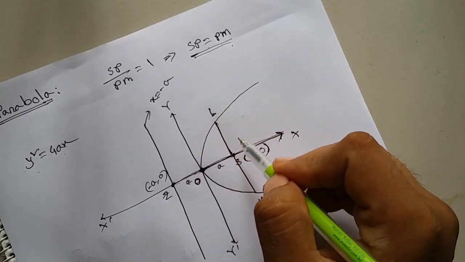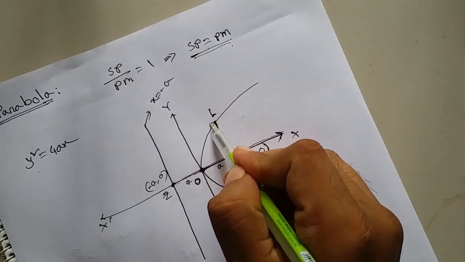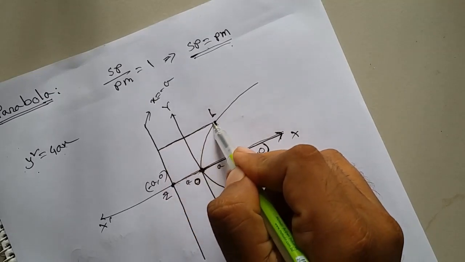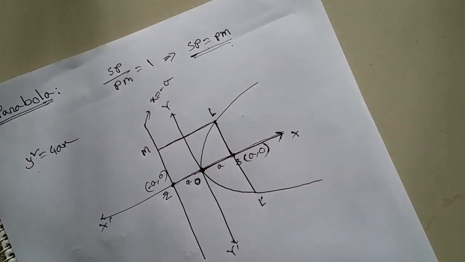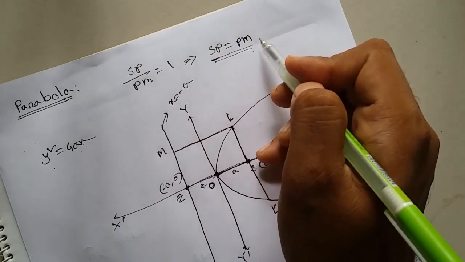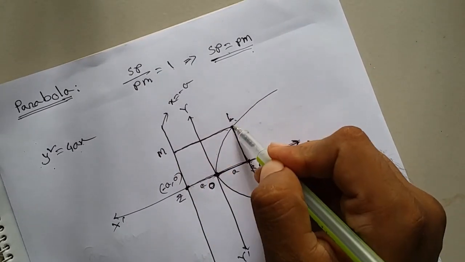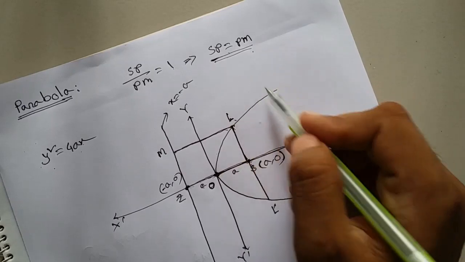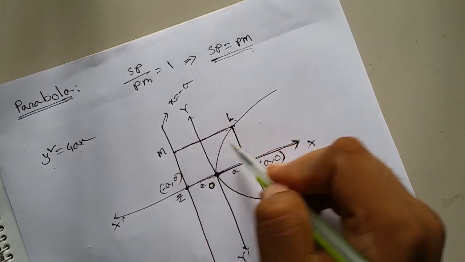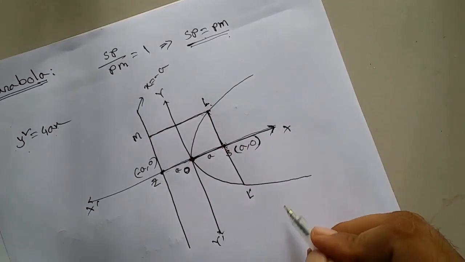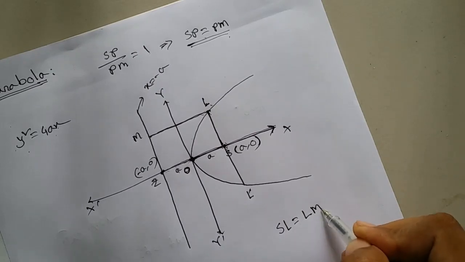And we know SP equal to PM, that's why SL equal to LM. P is any point, and here we can take L as P, so SL equal to LM.